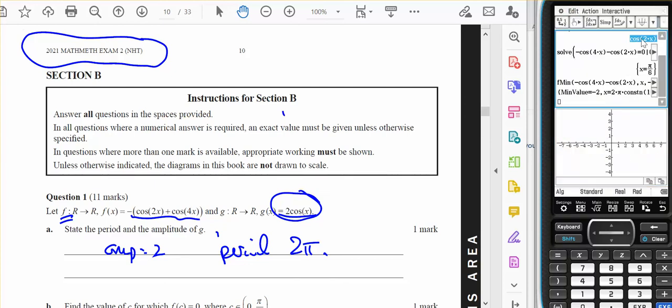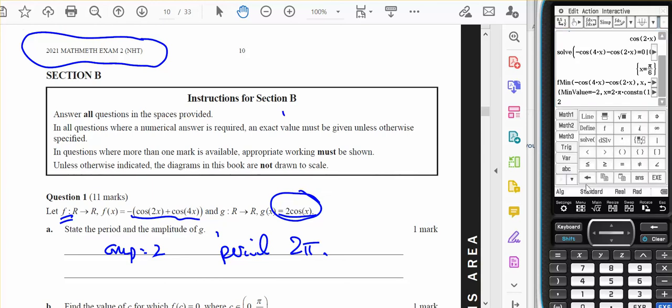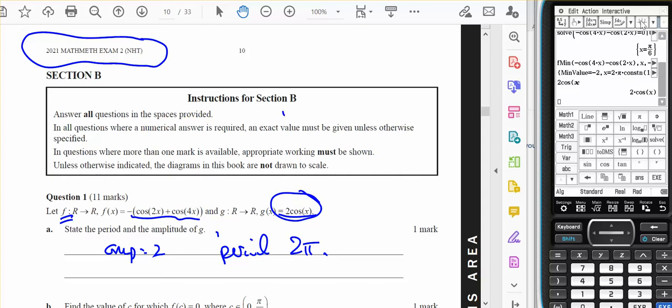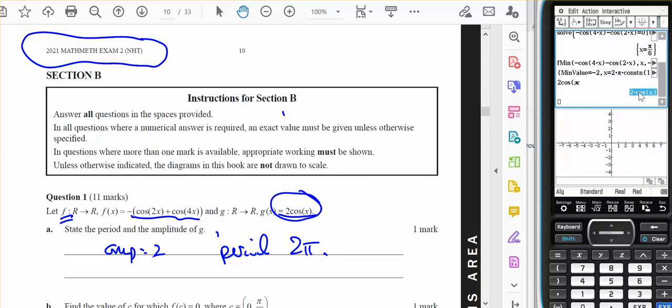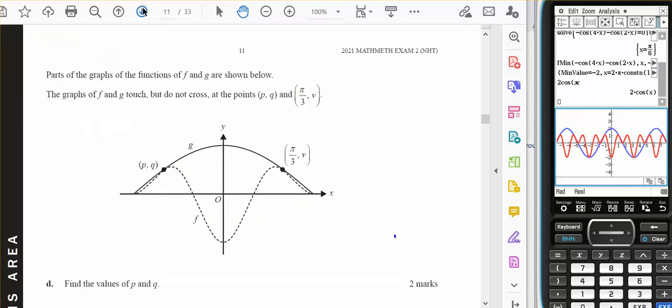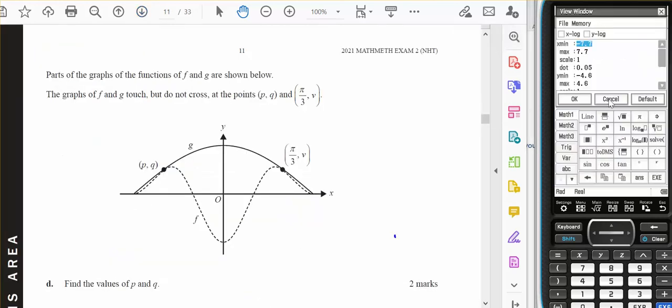I want 2 cos of x. And then I want this one here.